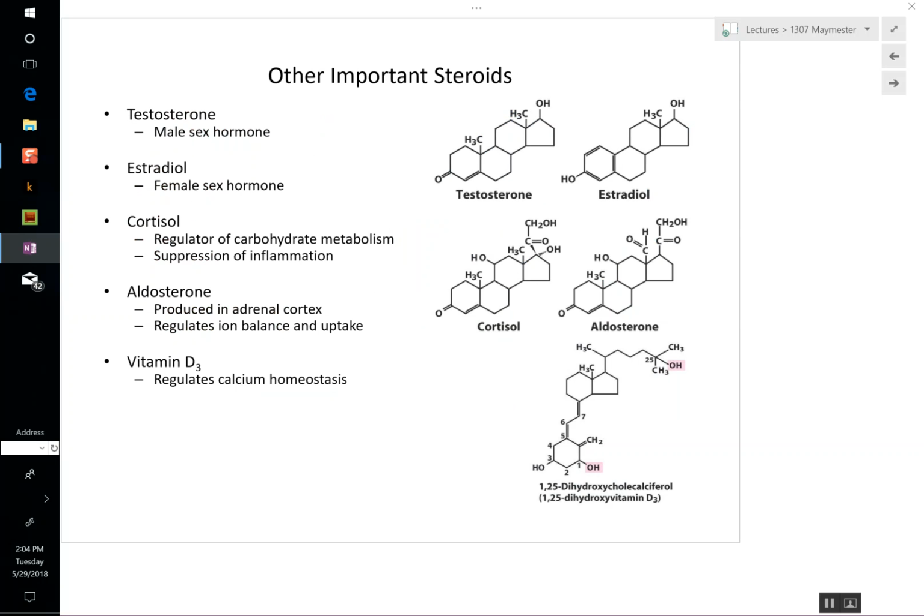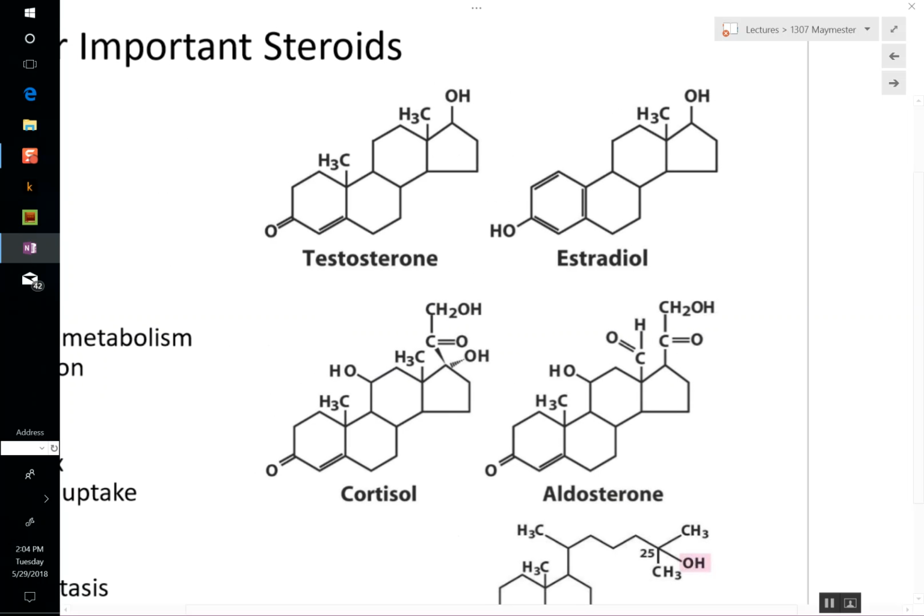And this ring here is aromatic, so there are three double bonds in that ring. Testosterone has an OH, it has a ketone here instead of an alcohol, and it's not aromatic. Not too different, but some subtle differences there.